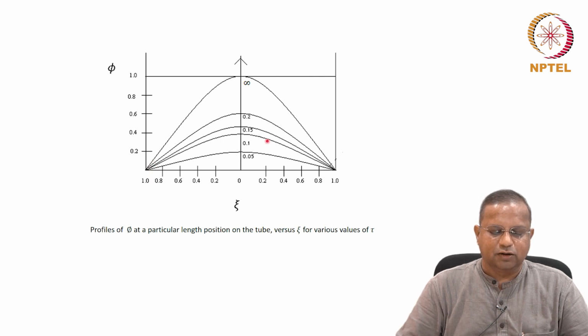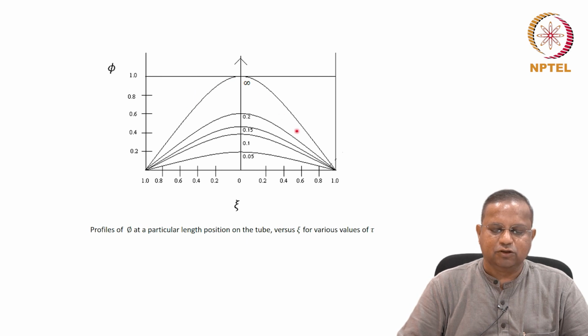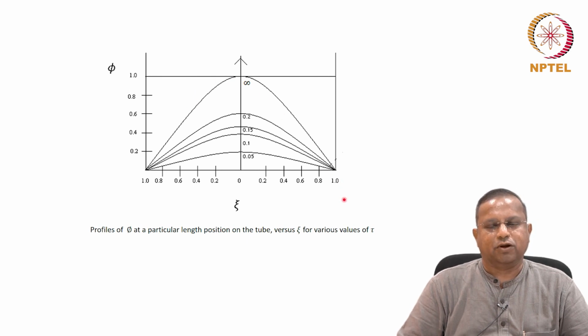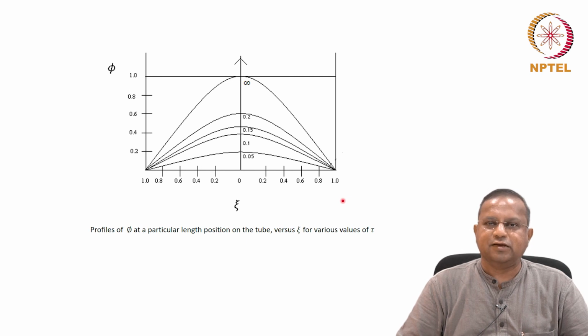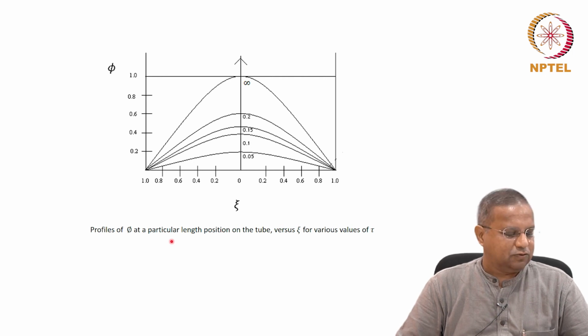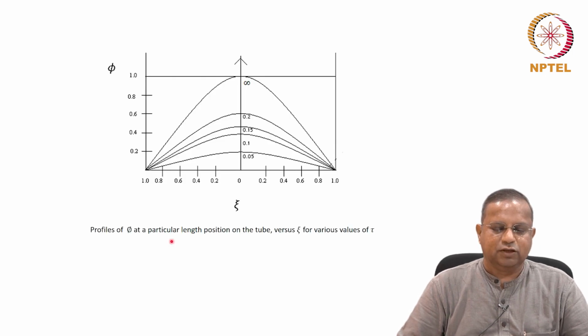At 0.1 tau, it will be something like this. 0.15, it will be like this. 0.2, it will be like this, and so on, till tau reaches infinity. You get to your parabolic velocity profile, which is the steady state velocity profile in laminar flow, well developed laminar flow in a cylindrical pipe. So that is what I have for you here.